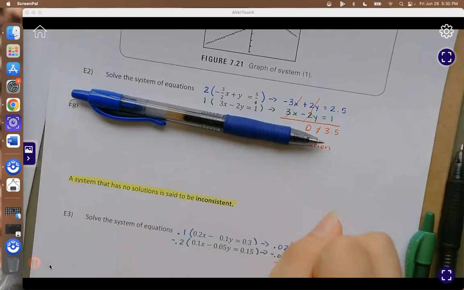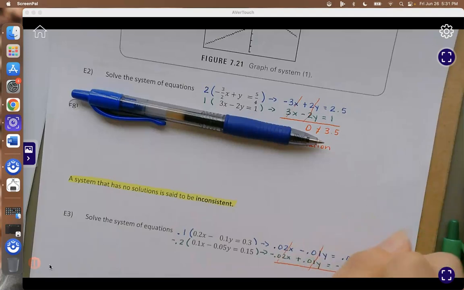When you go to look at this, you're going to say, hey, wait, everything goes away. So we have 0 equals 0, which is a true statement. So we say that it has an infinite number of solutions.